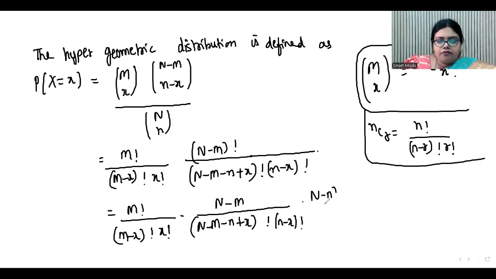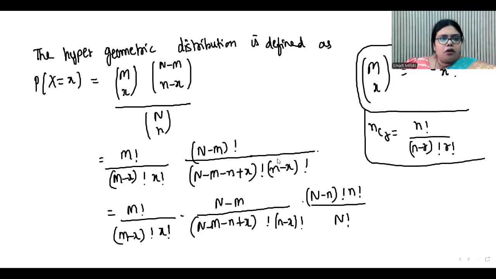(N minus n) factorial into n factorial by N factorial. Okay. So how we are writing this? N minus M factorial, we are writing as (N minus M) into (N minus n) factorial into n factorial by N factorial.